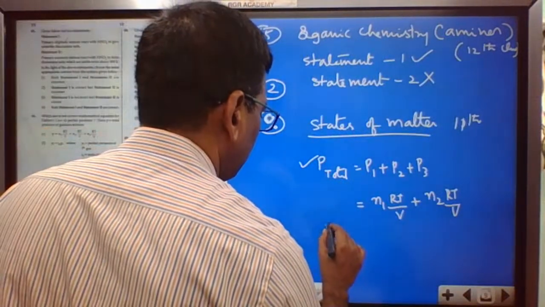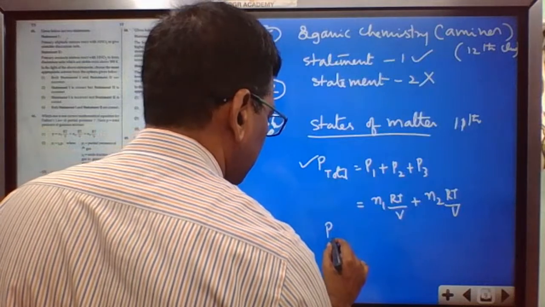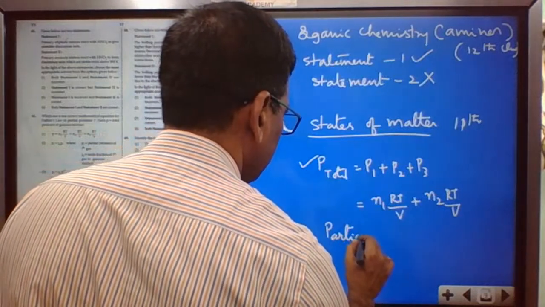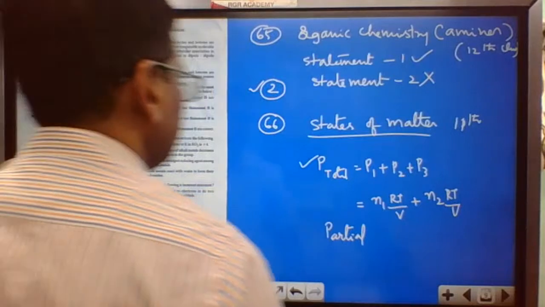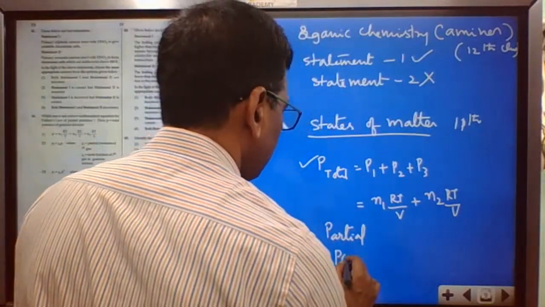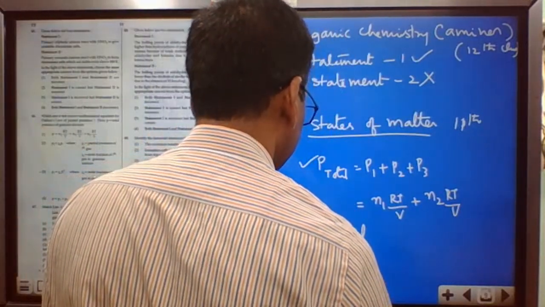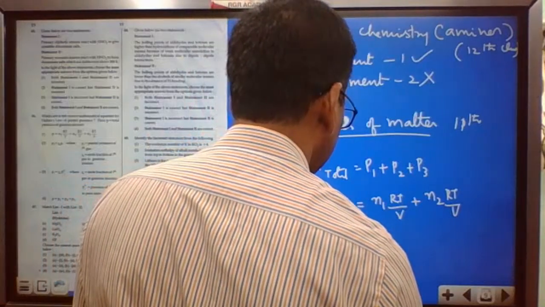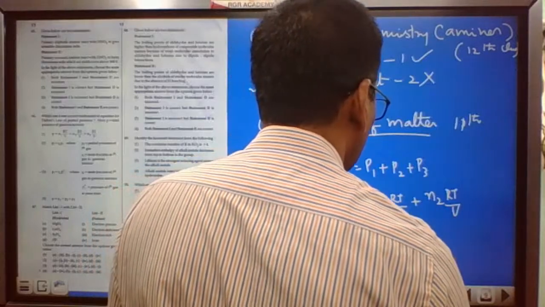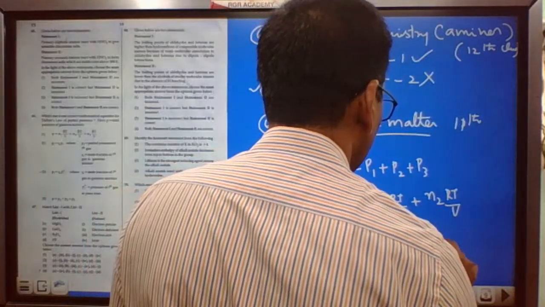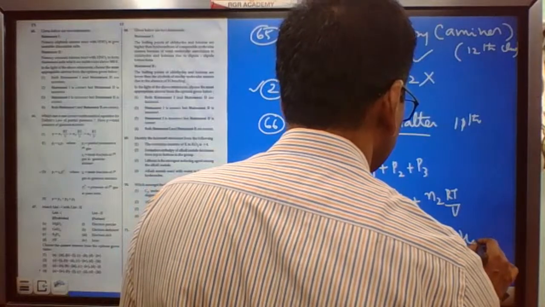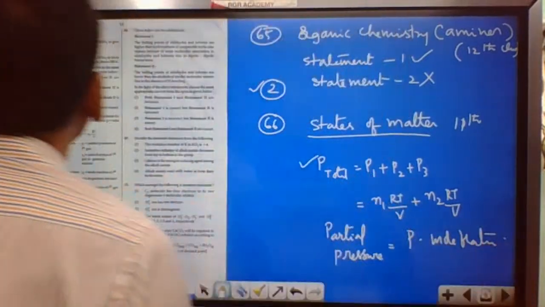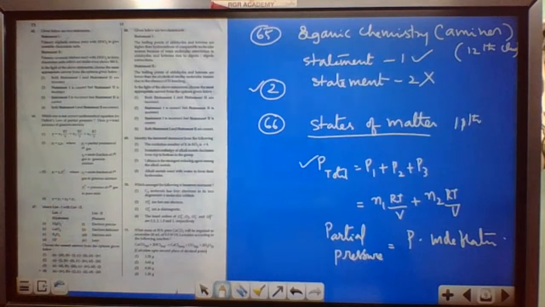Second, what is another one? The partial pressure of a gas is equal to total pressure into mole fraction. So the second one is also correct. Chi is given, that is mole fraction.